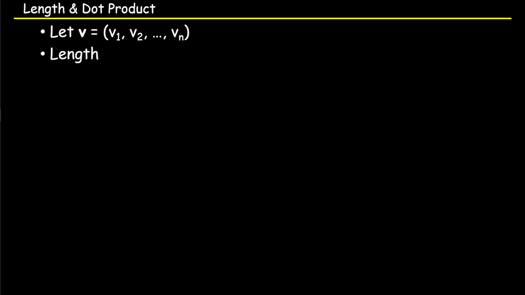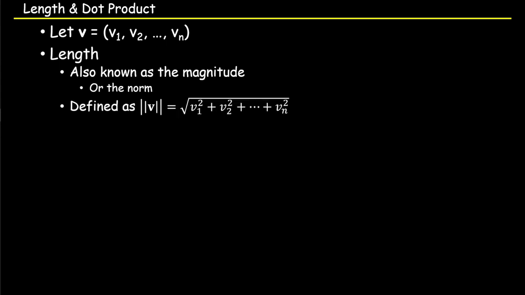Its length, which as I discussed in the previous slide is also known as the magnitude or the norm, which is kind of a weird name, is defined by the double absolute value of v, ||v||. It is equal to the square root of v1 squared plus v2 squared plus all the way to vn squared. That is pretty much the length.